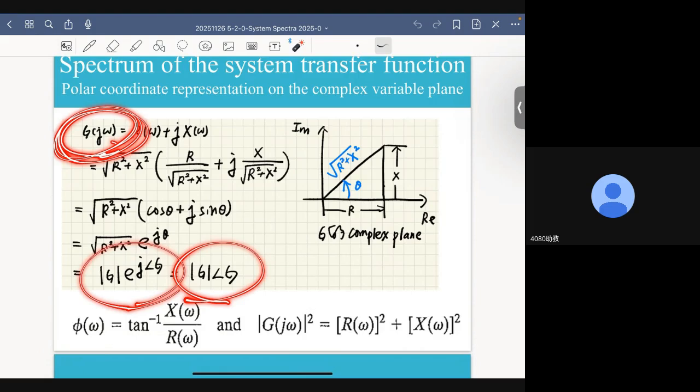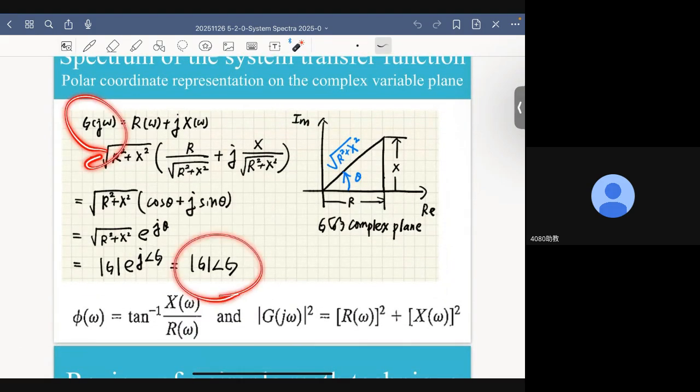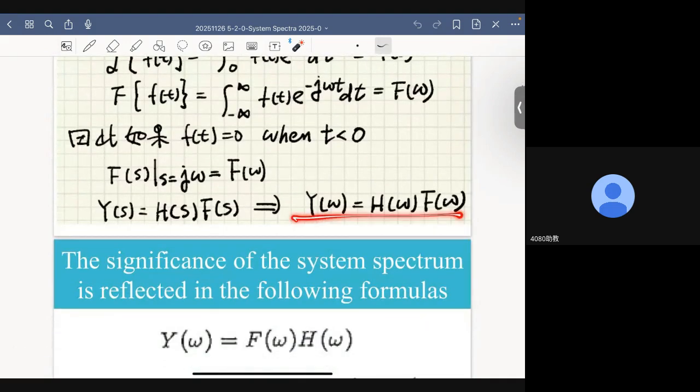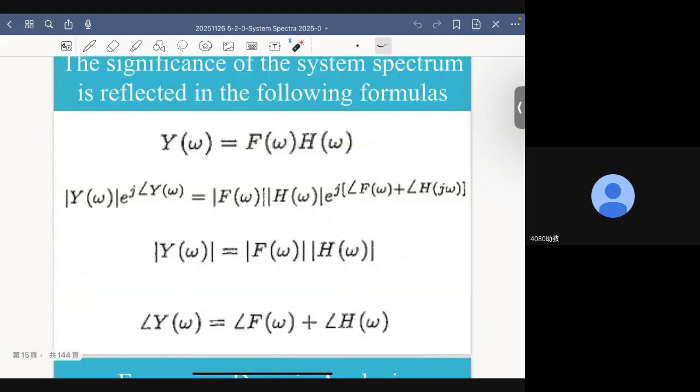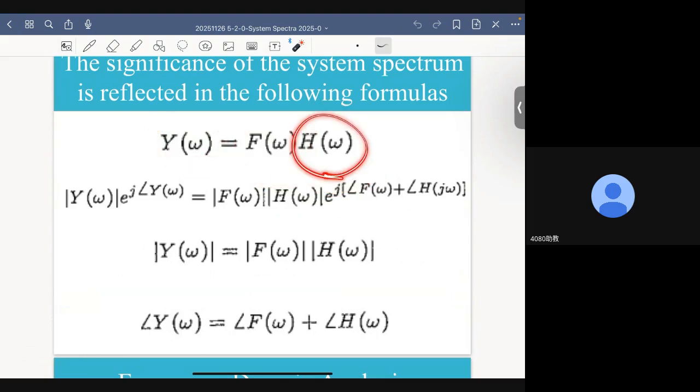Now, let's combine this result with this equality and see what happens. Again, this is the Fourier transform of the output. This is the Fourier transform of the input. This is the spectrum of the system, that is, the transfer function of the system in the frequency domain.